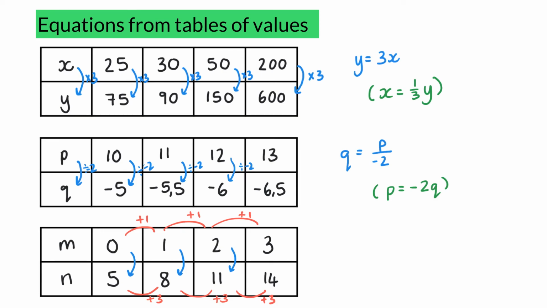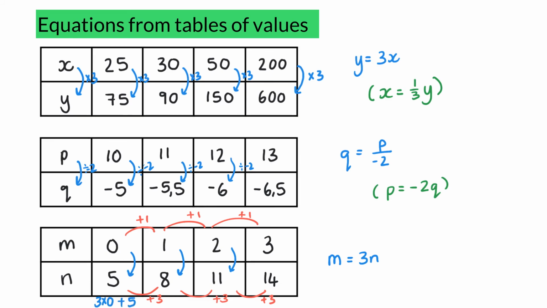So at this point, you should know that my equation has some idea of multiplying by 3, because repeated addition will be multiplication. So m is 3n. So if I think about each value, 3 times 0 plus how much?